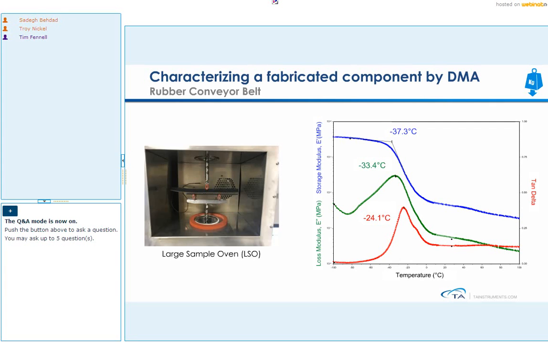So by the onset of that drop on the storage modulus, so that's the blue curve. You can see that we measured minus 37 degrees for glass transition temperature that way, or you can look at the maximum of loss modulus, which showed us minus 33 degrees, and then lastly, you can look at the peak of tan delta, which showed us minus 24 degrees.